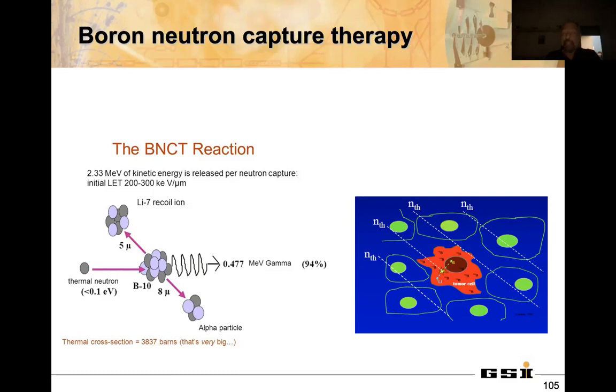And the result of the interaction is that the boron decays in lithium and alpha particles, short range, very effective in cell killing, and in a gamma ray. So if you can load the tumor with boron and then you shoot neutrons, this technique can be very effective, of course.